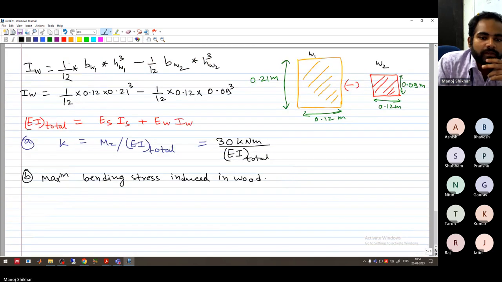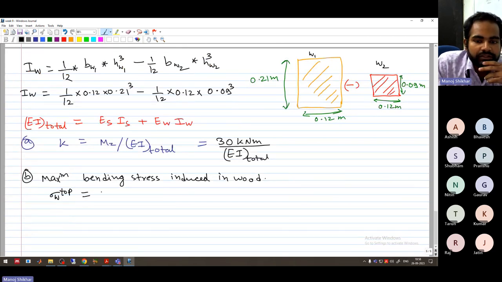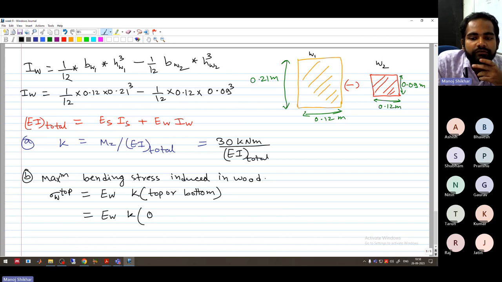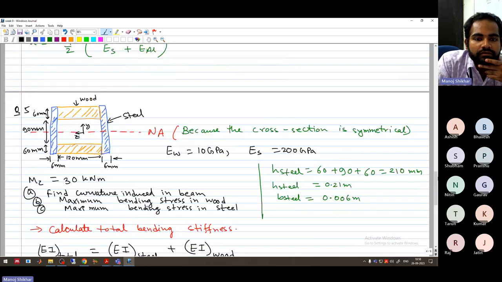So for wood, sigma wood top will be equal to EW into kappa at top or bottom. So what is the point for top? So EW into kappa at 0.045 plus 0.06 meters. So the top is where, from here, this distance is 0.045 plus 0.06.